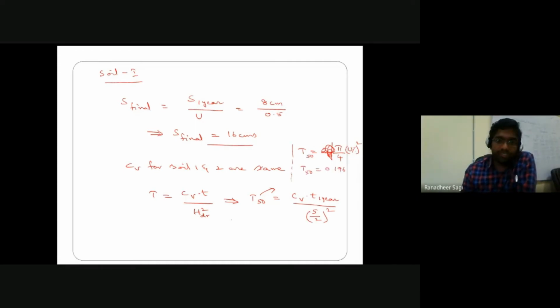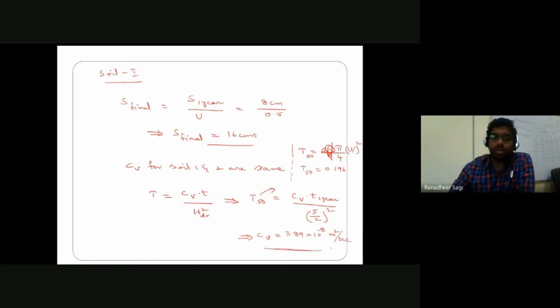T50 is 0.196. If I calculate the CV value, time is 1 year, HDR is 5 by 2, that is 2.5, and I get 3.89 into 10 to the power of minus 8 meter square per second. So this is the CV data that we have.